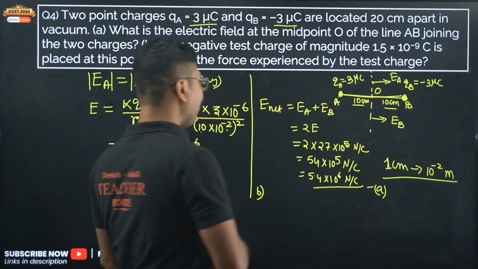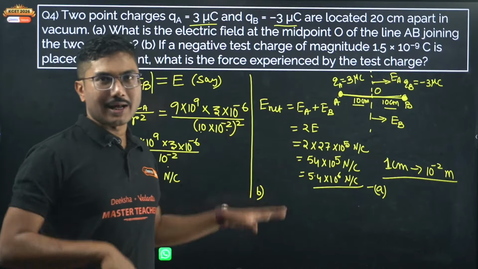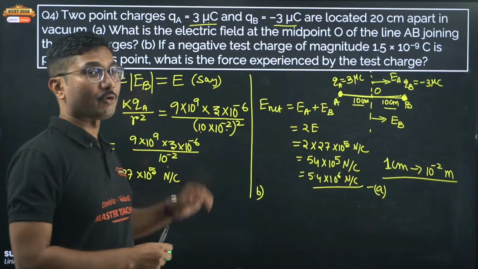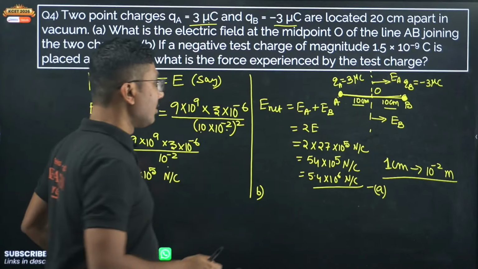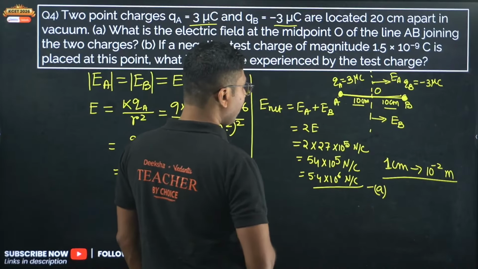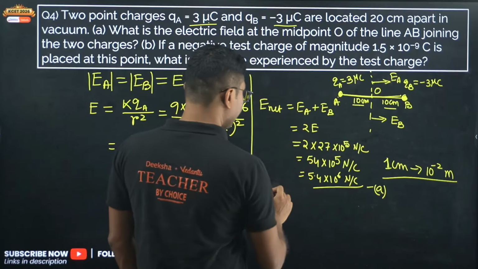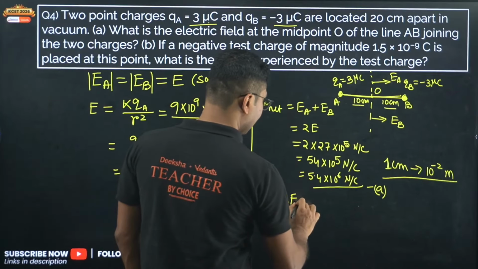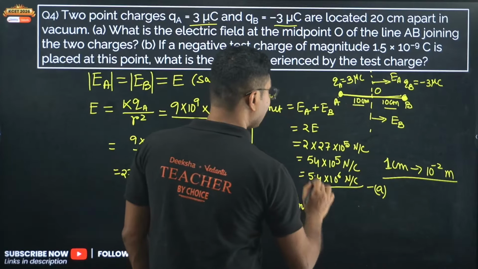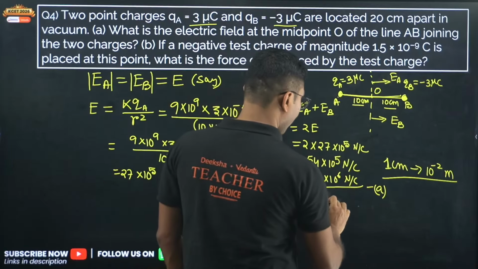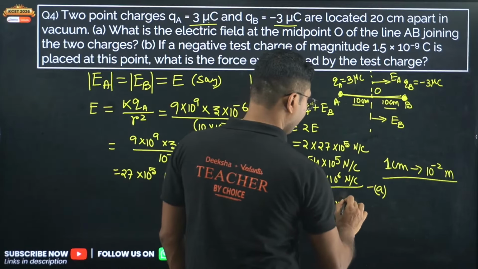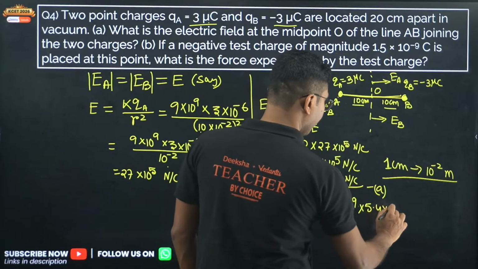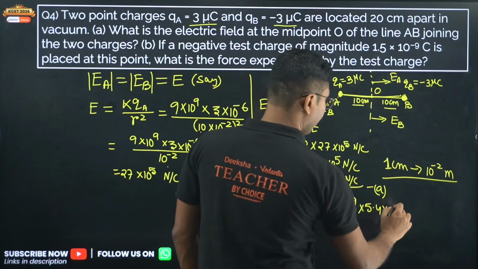Now in this class you have understood, but make sure you do the same process in the exam hall as well. Don't deviate from this. So force is obviously charge into net electric field. The charge is given, 1.5 into 10 to the power of minus 9 into 5.4 into 10 to the power of 5.